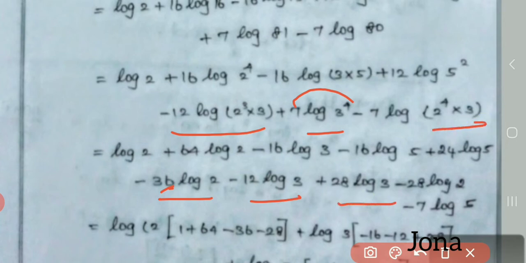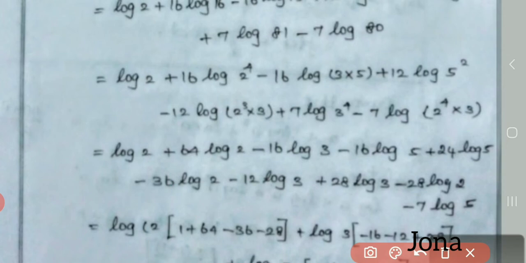And here I want to separate these terms so that it will be minus 7 log 2 power 4 minus 7 log 3. That 2 power 4 and 7 will be multiplied, so that minus 28 log 2 minus 7 log 5. The last term will be there.